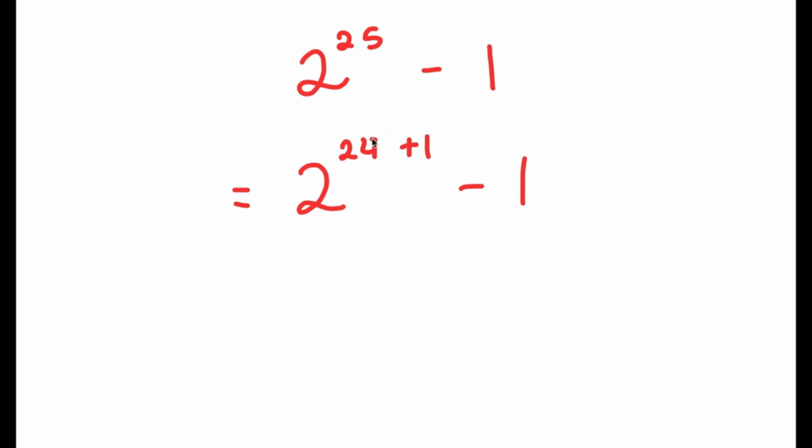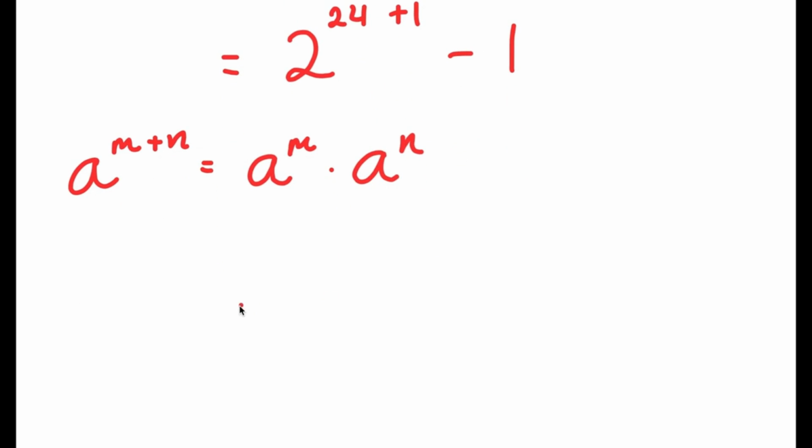And the reason I'm doing this and rewriting 25 as 24 plus 1 is so now I can use the property a to the power of m plus n is equal to a to the power of m times a to the power of n. So 2 to the power of 24 plus 1 is going to equal 2 to the power of 24 times 2 to the power of 1 minus 1.